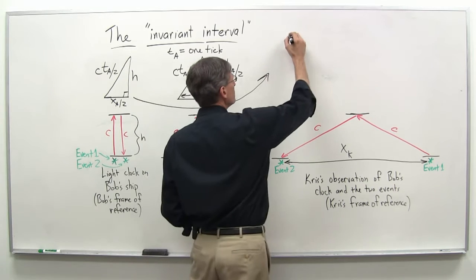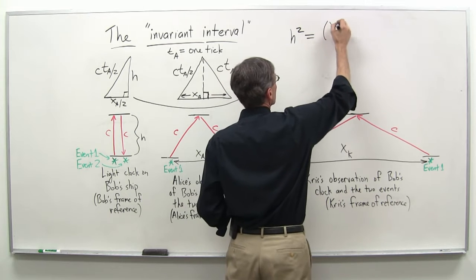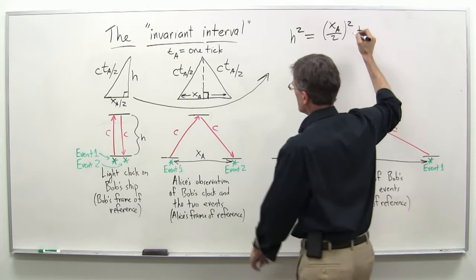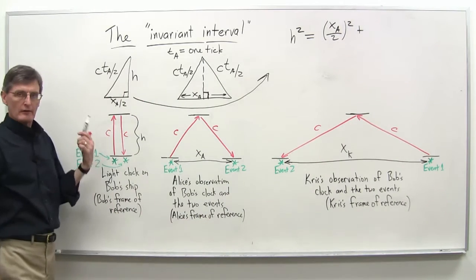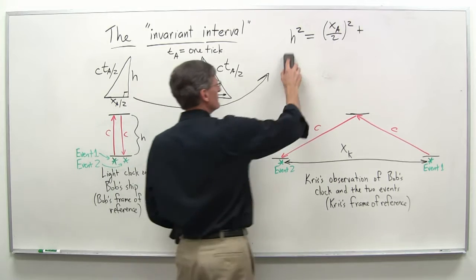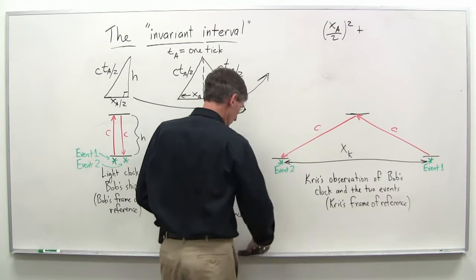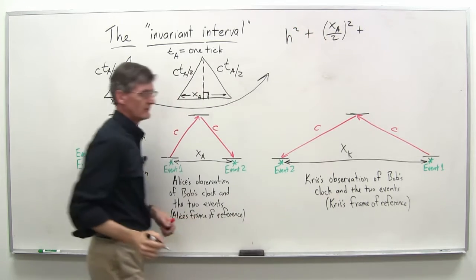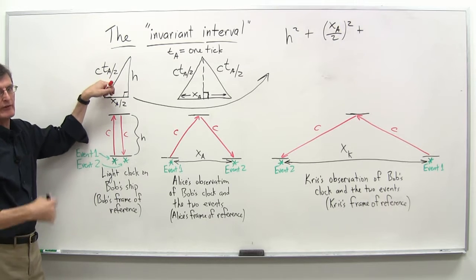We get h squared equals xa over 2 squared plus, oops, sorry, that's not what I want. Hypotenuse, of course. Hope you caught that. Try this again here. So get rid of the equal sign. Let's do this. h squared plus xa over 2 squared equals the hypotenuse squared.